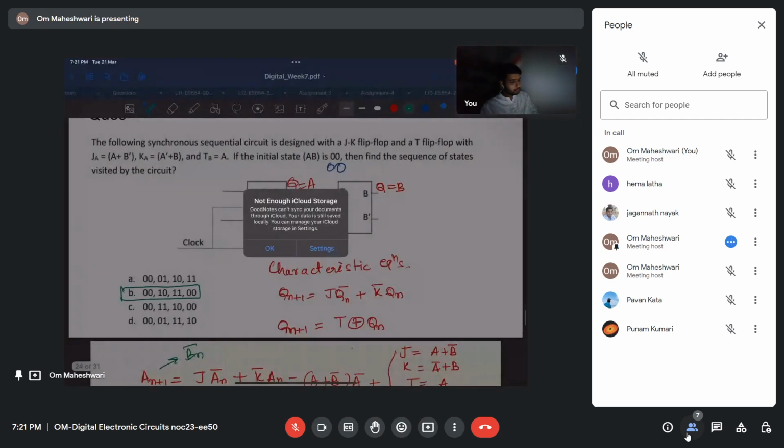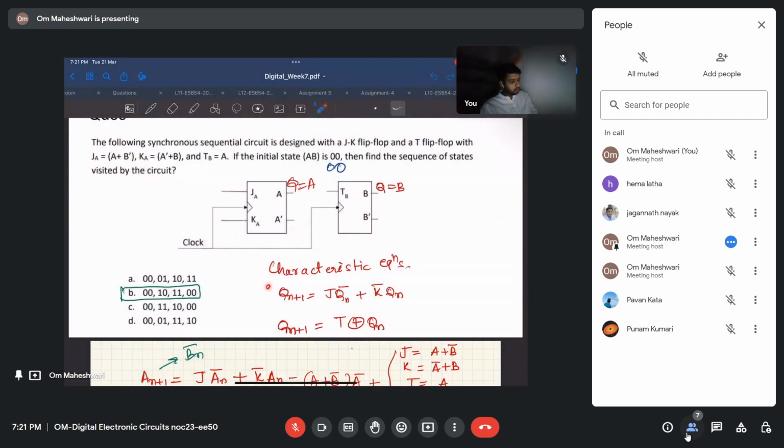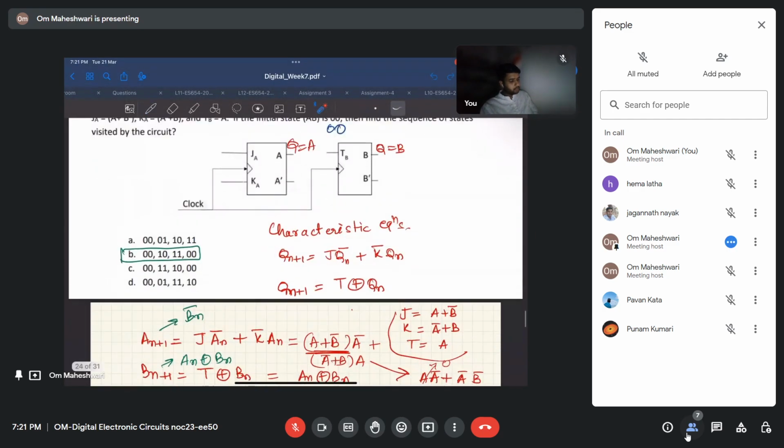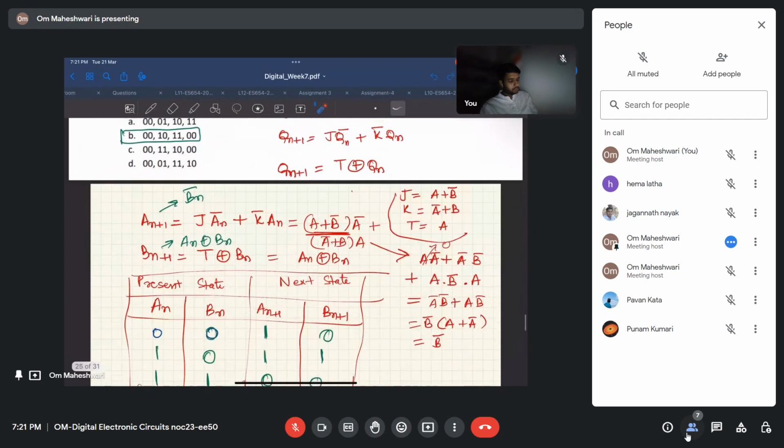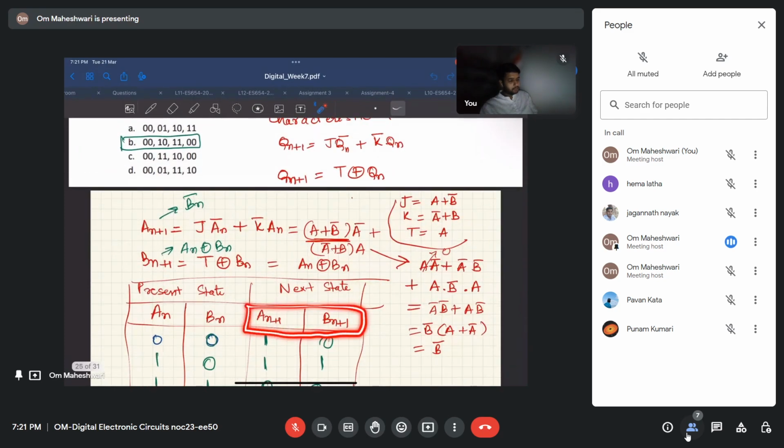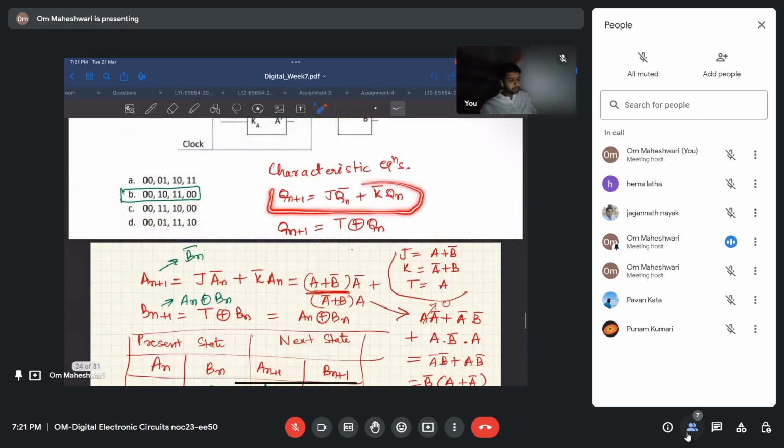The question first. Then, why are we writing the characteristic equation? Because we want to predict the next output, right? To know that, we need to know the previous input and output. Then only we can predict the next output. Since we needed an plus 1, bn plus 1, we needed these equations. We wrote these.